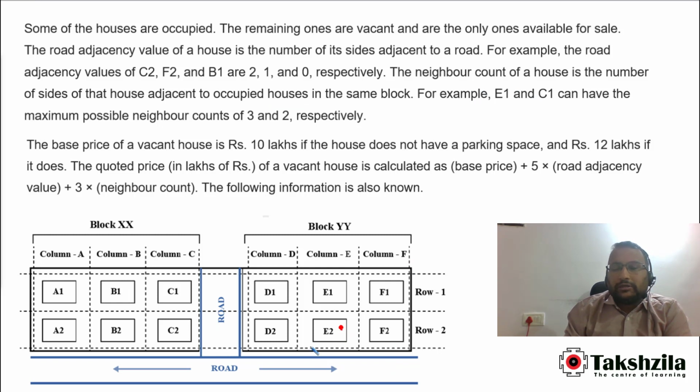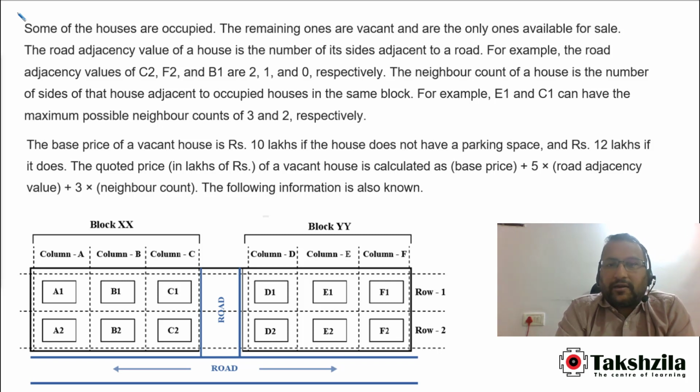For E2, the neighbors can be E1, D2 and F2 because the sides of E2 are common with E1, D2 and F2, but they are called neighbors only if they are occupied. If any one among these 3 houses is vacant, then that house is not called a neighbor house. So this point we need to remember carefully. The neighbor houses are the ones which are occupied and with which the side is shared.